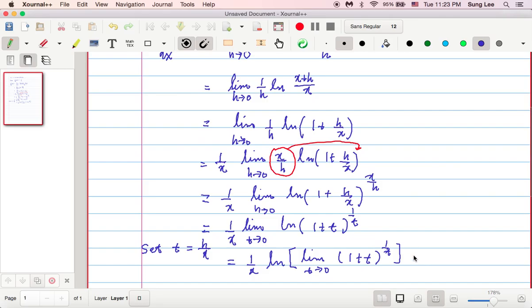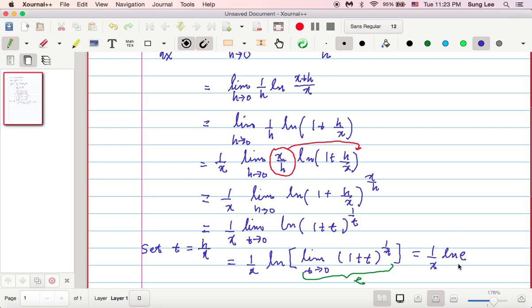Good. Now what do we have? This is going to be 1 over x. The inside bracket, this limit, is e. That's going to be the number e. So we have ln of e, which is 1.